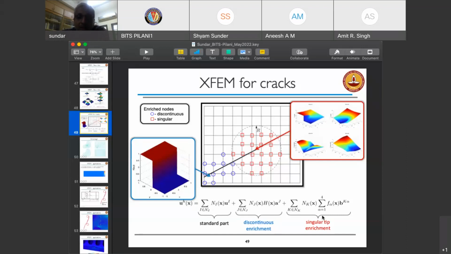Now, if I choose some other enrichment function, which let's say is for an isotropic material, but use the orthotropic constitutive law, you'll capture the singularity, but the strength of the singularity will not be the same, and the result that you get in terms of stress intensity factor or the stress distribution will not be accurate. So you need to choose appropriate enrichment functions to capture the appropriate physics.